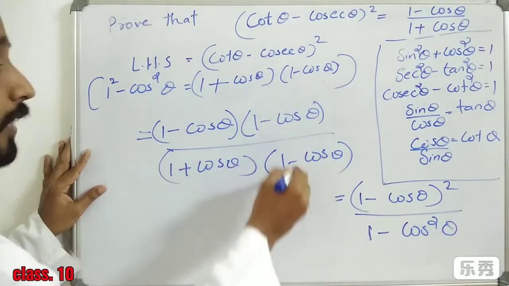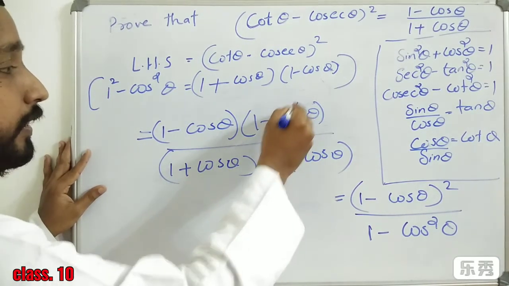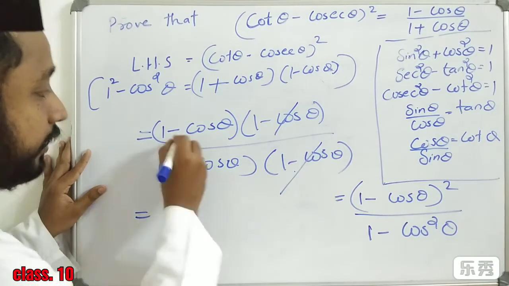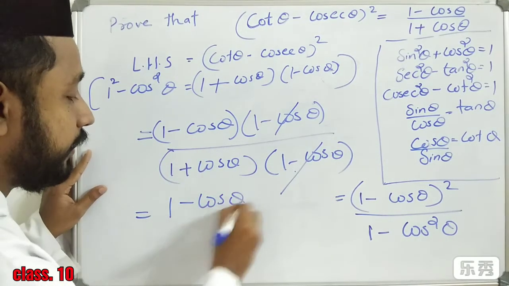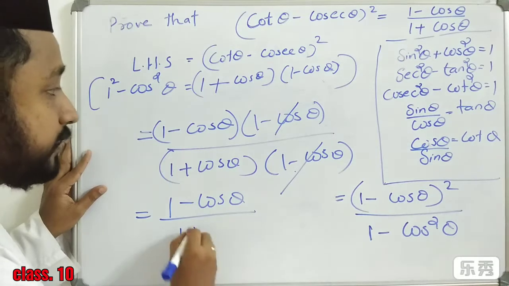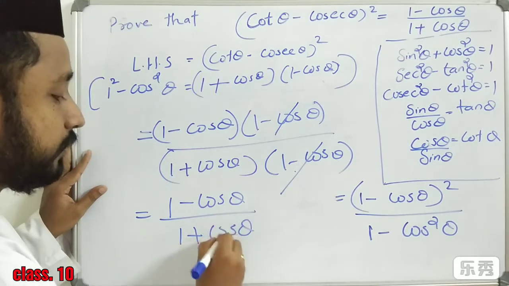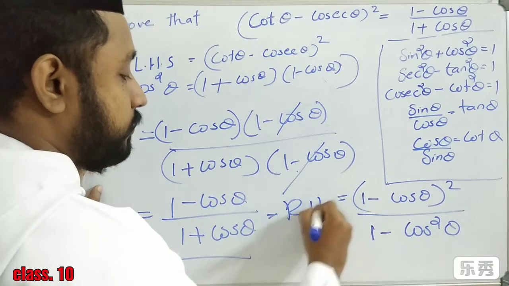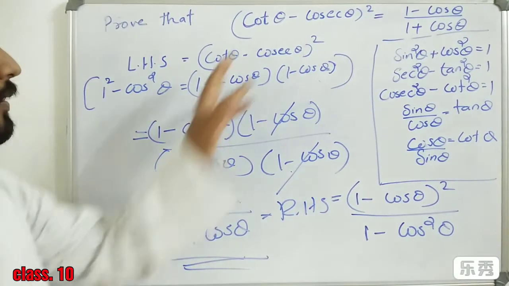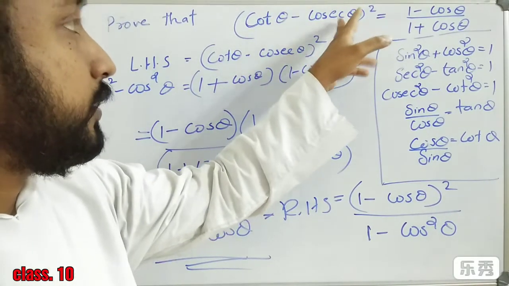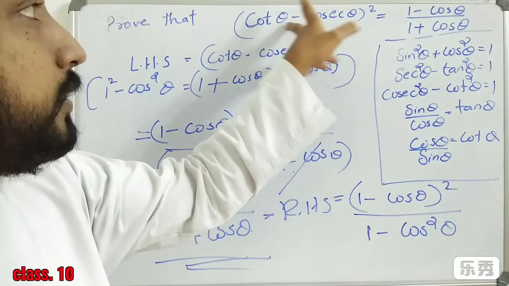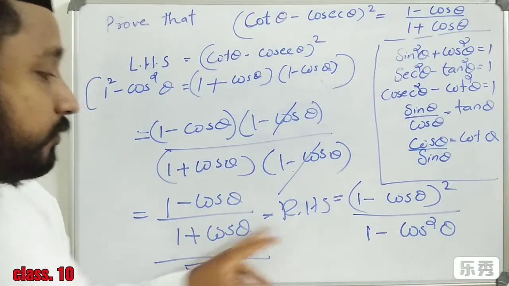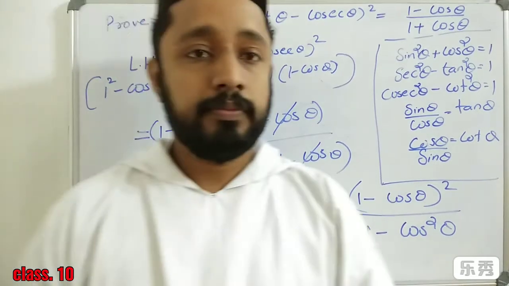Here 1 minus cos theta and here 1 minus cos theta, we can cancel, which is equal to 1 minus cos theta divided by 1 plus cos theta, which is equal to the RHS. So by changing cos theta and cosec theta, we can change this LHS into RHS.